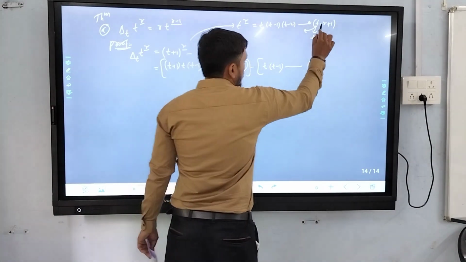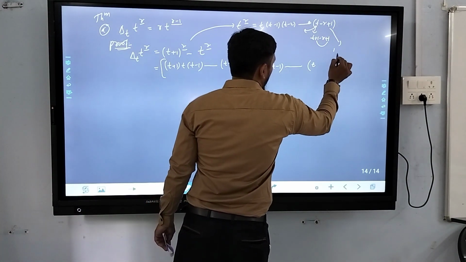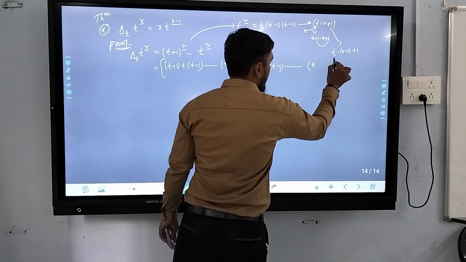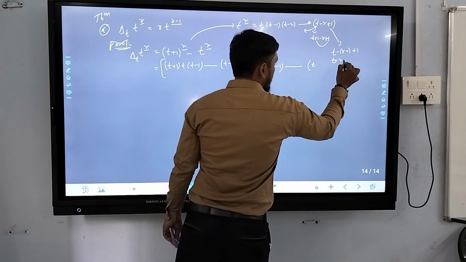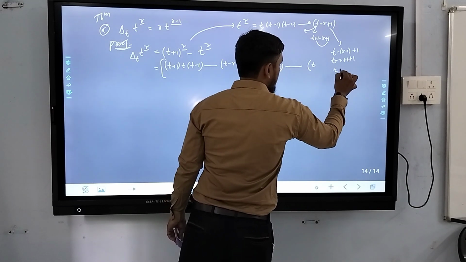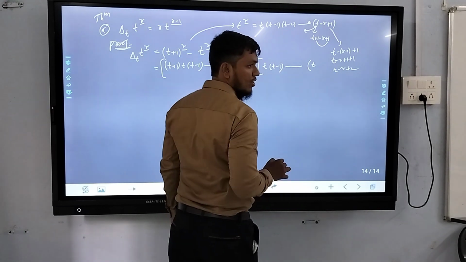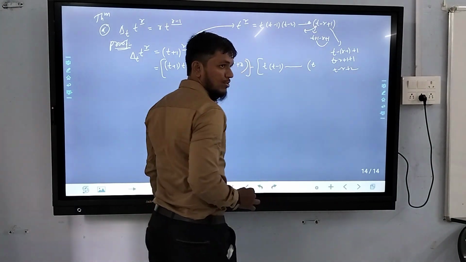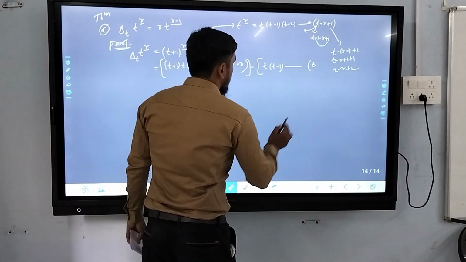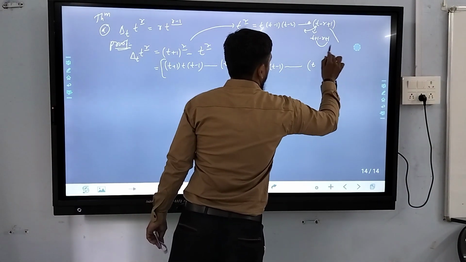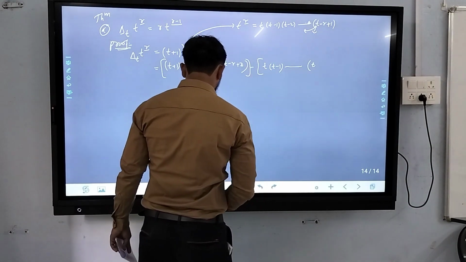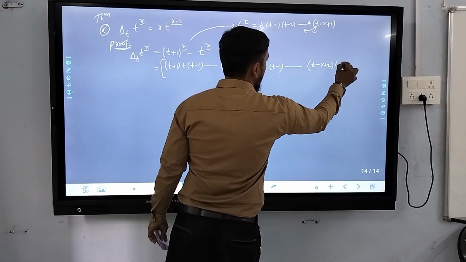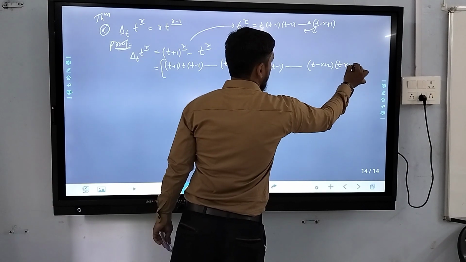So if you replace r by r minus 1, we get t minus r plus 1 plus 1, so it becomes t minus r plus 2. So the term just before is t minus r plus 2, and after that comes this term, which is t minus r plus 1.